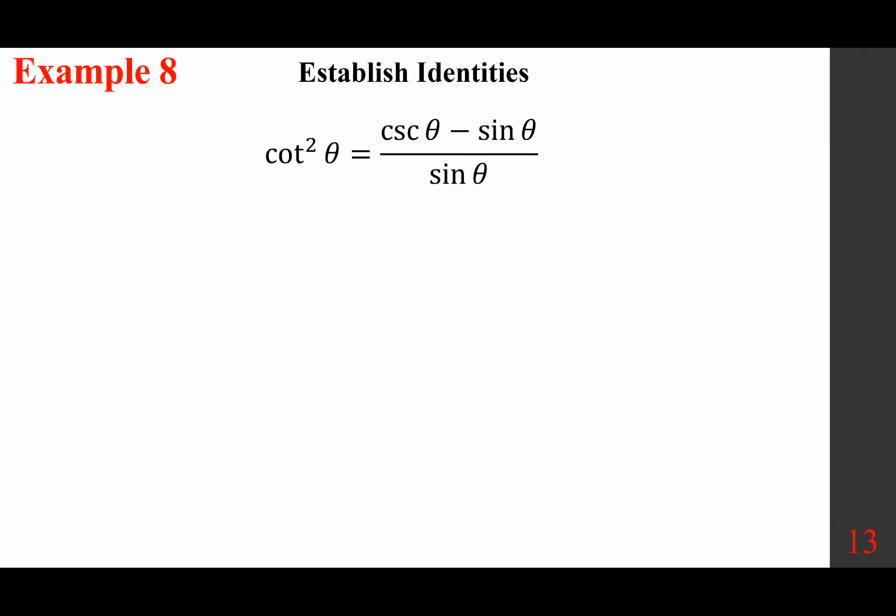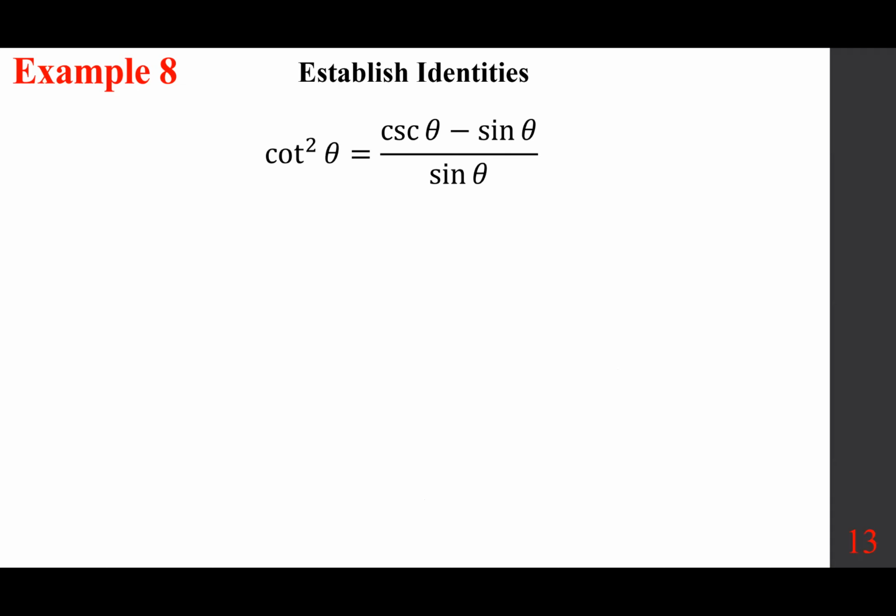All right, we want to establish the identity cotangent squared theta is (cosecant theta minus sine theta) over sine theta. And clearly the right-hand side is more complicated.